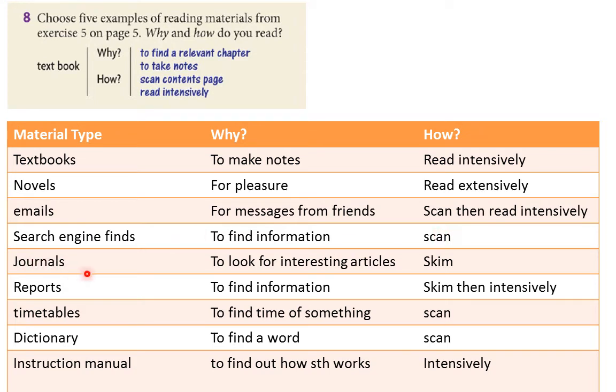Reading journals is usually for pleasure or to look for interesting articles. In order to look for interesting articles, we need to skim the articles inside the journal in order to choose the interesting ones and then read extensively.